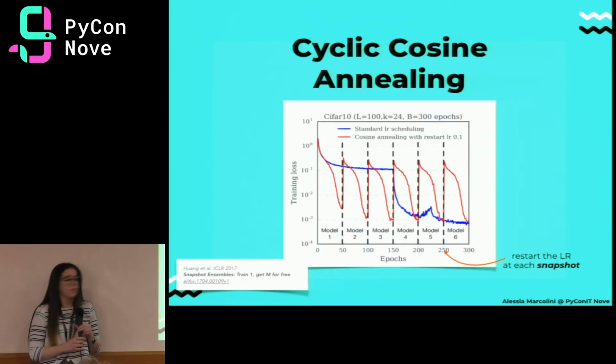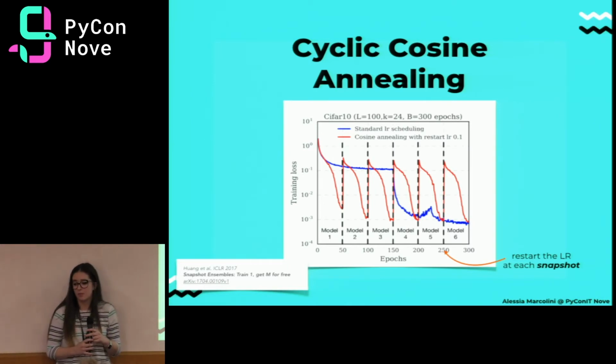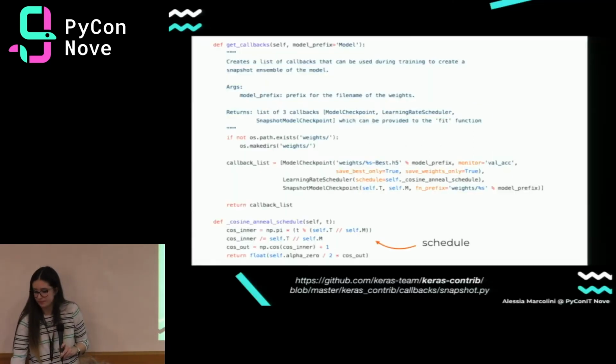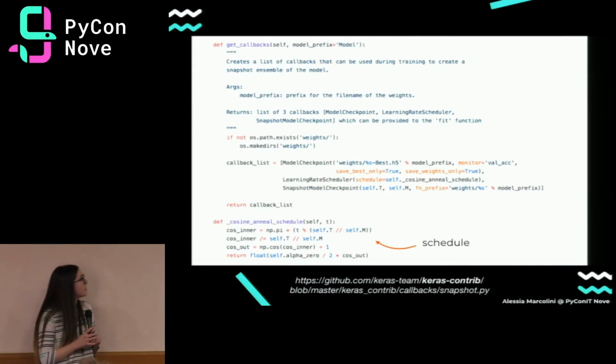In this plot, you can see in red the learning rate used in this approach, which is raised and then quickly lowered following a cosine function. At this point, we basically take all the snapshots and average the weights. In this snippet of code, you can see the implementation of this schedule. It comes from Keras contrib, so you can easily find it on GitHub following this link.